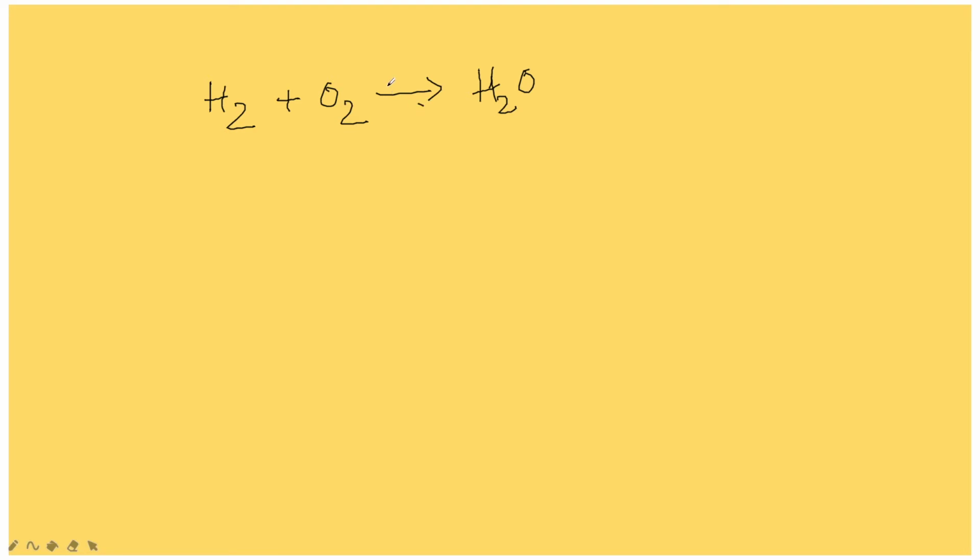So how to balance a chemical equation? It is the process of making the number of different types of atoms equal on both sides. Here hydrogen is 2 on both sides, but oxygen is 2 here and only 1 there. So it is an unbalanced equation, right?